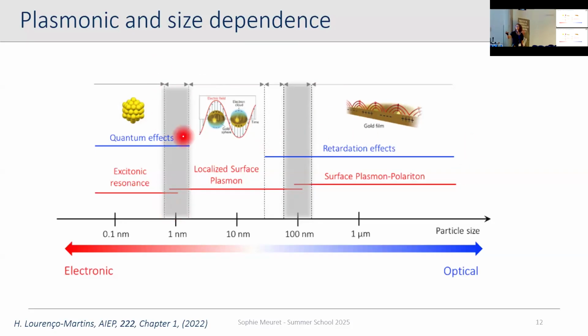The interesting stuff for theorists is actually in those two gray areas here, where it's quite difficult to know when you need to start taking into account the retardation effect, for example, and go from a very quasi-static kind of decomposition to something that really is able to travel. And here, where you go from something that you can completely explain with classical electromagnetic fields to something that is completely quantum.